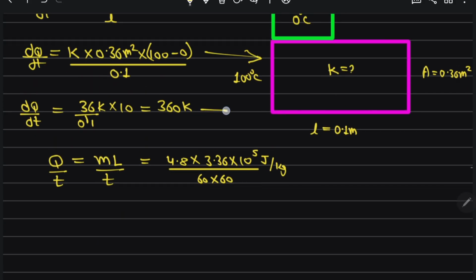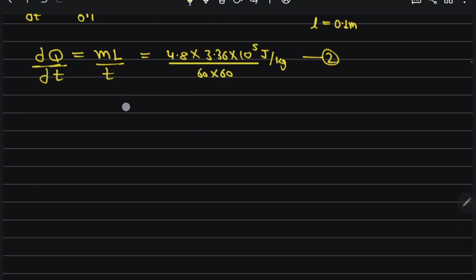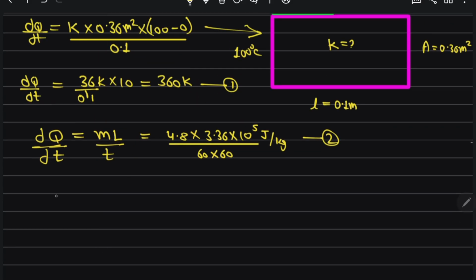This is our first equation and this is our second equation for dQ by dt. So I compare these two equations, and I get 4.8 into 3.36 into 10 to the power 5 divided by 3600 is equal to 360 K.